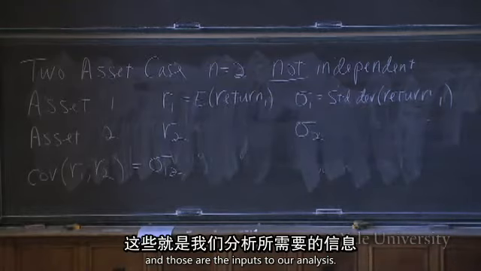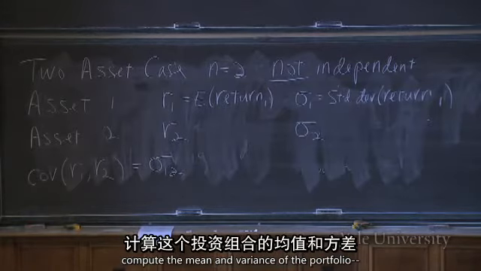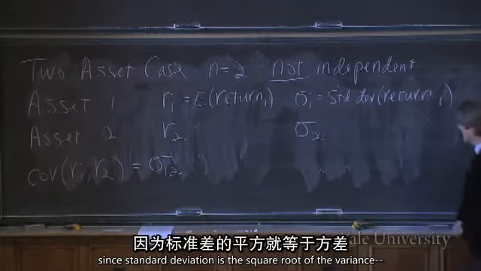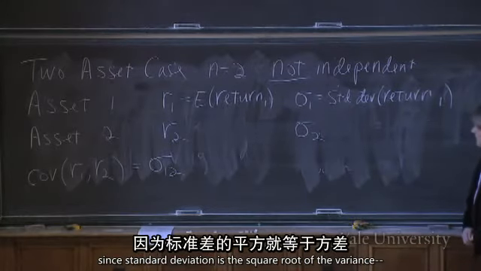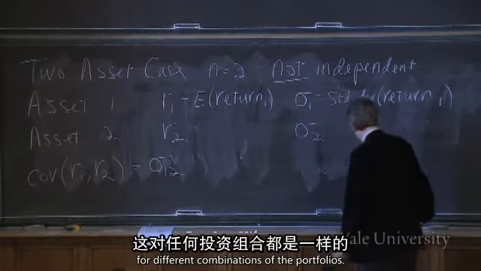And those are the inputs to our analysis. And so what we want to do now is compute the mean and variance of the portfolio, or the mean and standard deviation, since standard deviation is the square root of the variance, for different combinations of the portfolios.